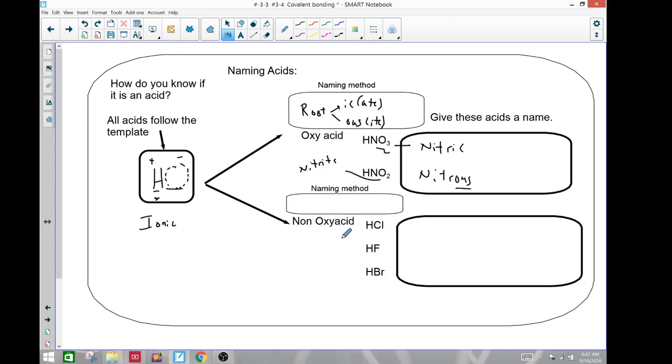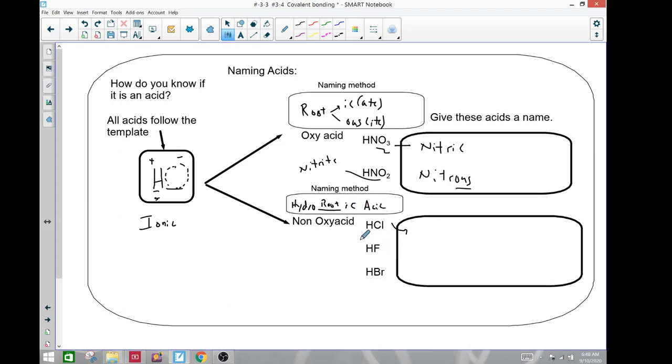Non-oxyacid. This one follows a method that doesn't change much. It's just hydro, then the root of the anion, and then ic acid. So this one never changes.